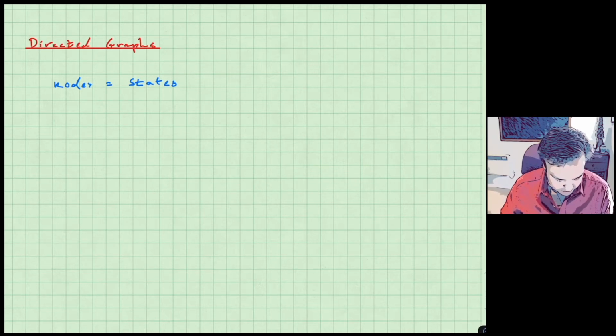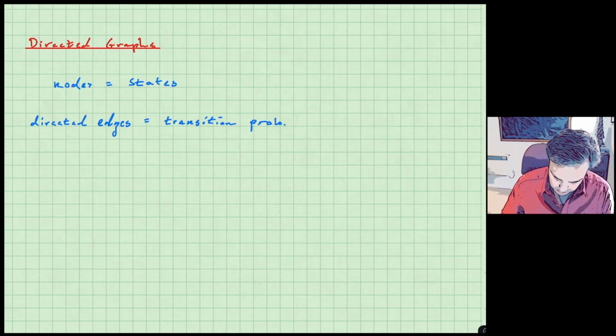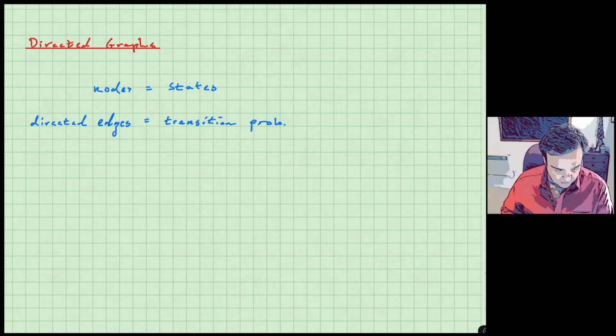And the edges are going to be the transition probabilities. But again, they're directed, so these are directed edges. And these are our transition probabilities, the probabilities for transitioning from one state to another, or one node to another, in one step.